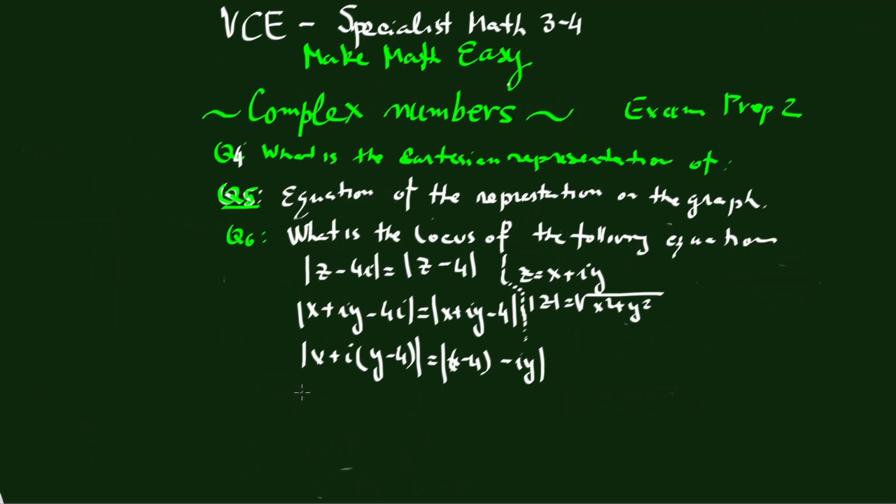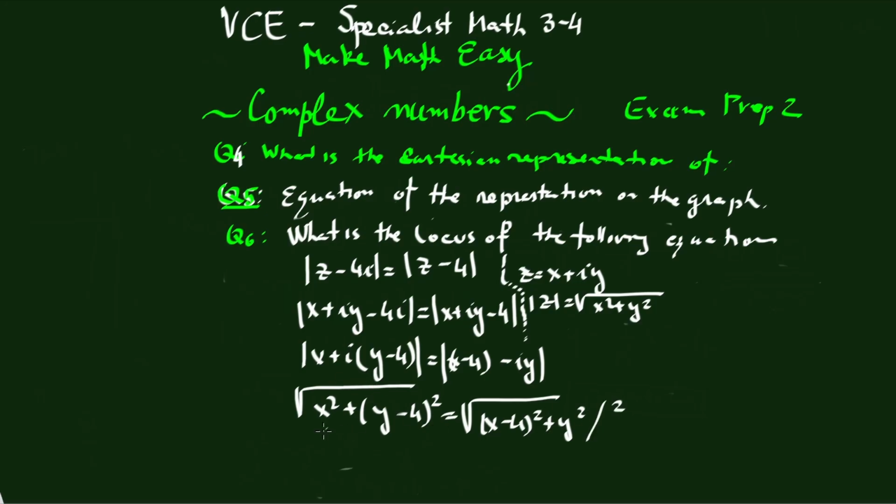So that's the square root of x squared plus (y minus 4) squared. There we need to remove that. And the same here, (x minus 4) squared plus y squared, and we put the power 2 on both sides.